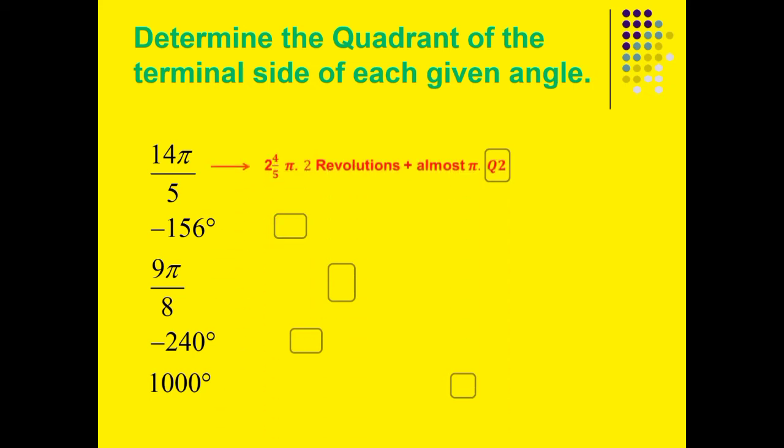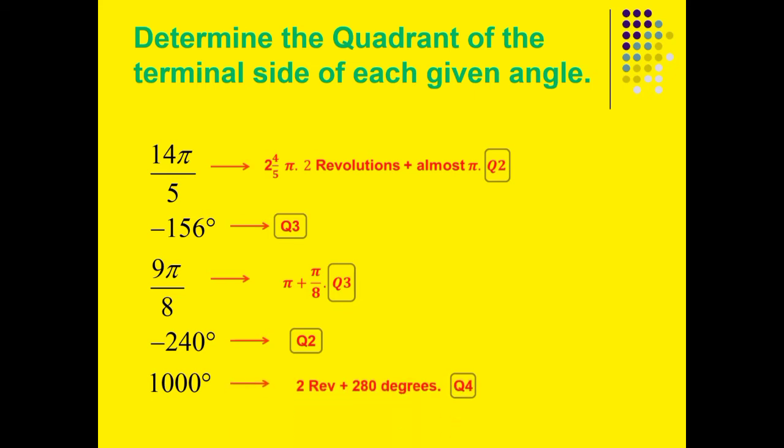So we have here 2 and 4/3 pi belongs to quadrant 2 because of one complete revolution. Then this is quadrant 3, another one quadrant 2, quadrant 4.